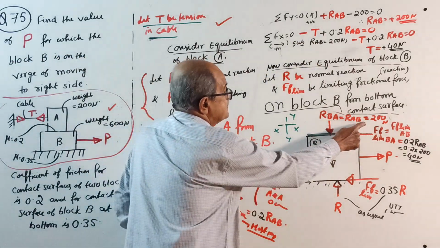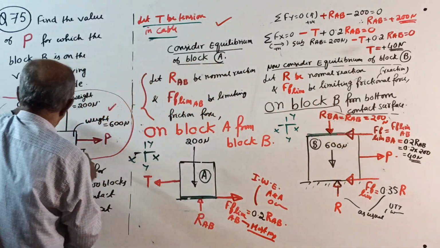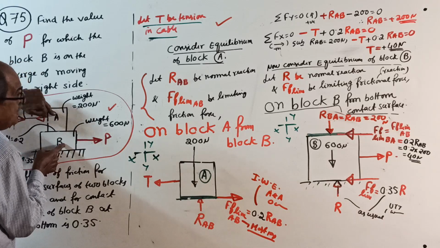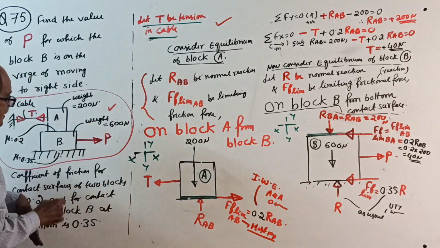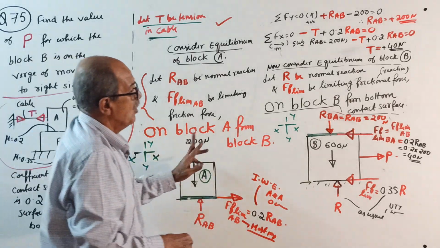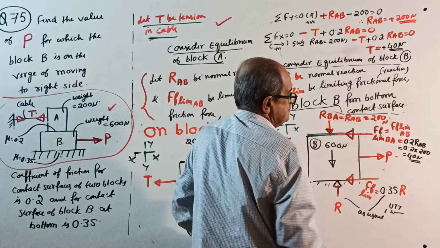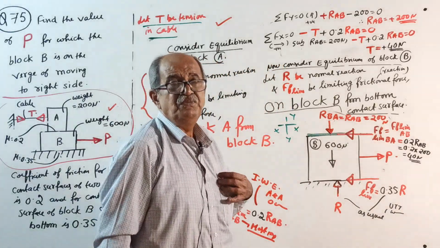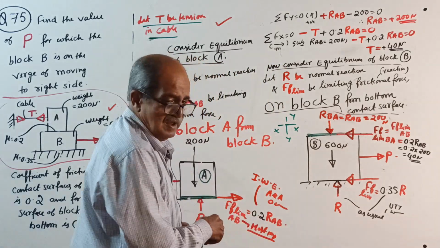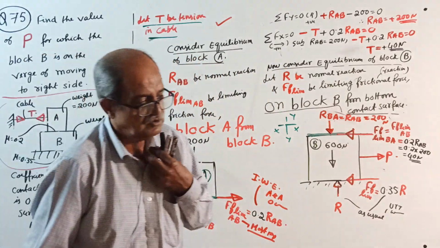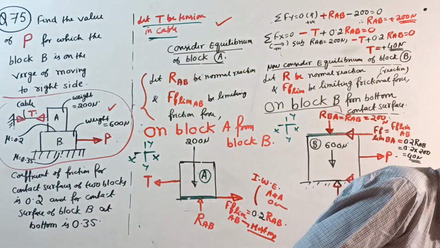Whatever answer here, same answer here. And from block B to block A, this way friction means for block B from block A, reverse friction. This is very important. Now, I will first solve it and then I will explain some other easy method to understand correctly.